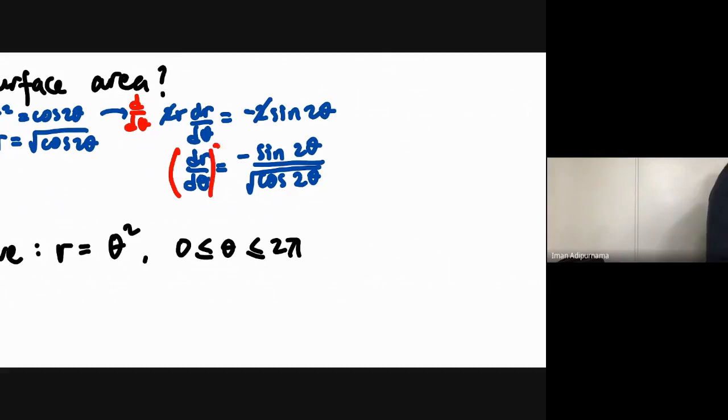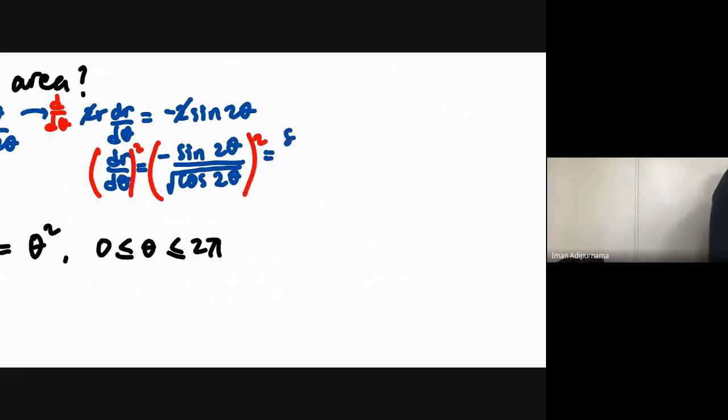Or if you want, we can directly square this. And we get sine squared 2 theta over cos 2 theta.